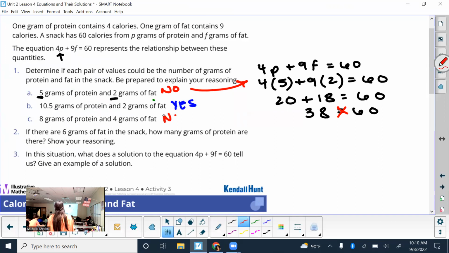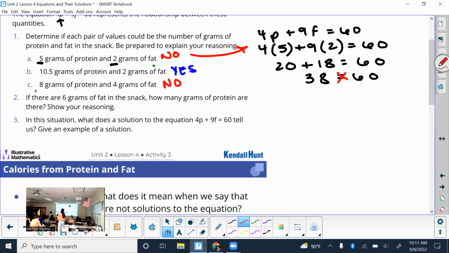Questions, comments, concerns? All right. This one's a good question. This one will help us with our solving, and then I'll give you time to practice. If there are 6 grams of fat in the snack, where would that 6 be plugged into? Good.